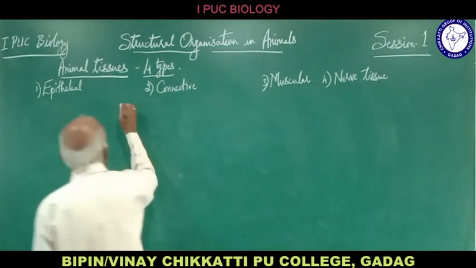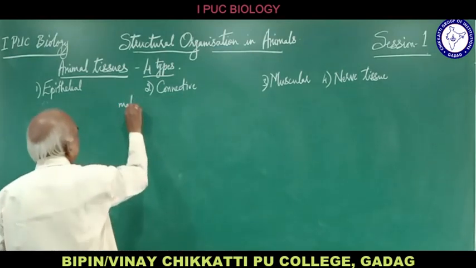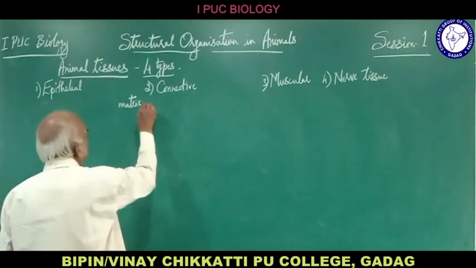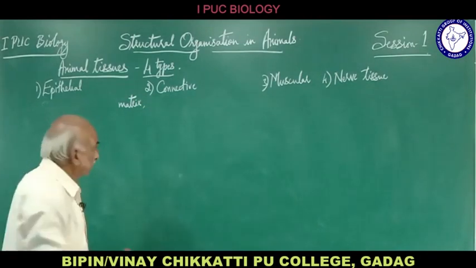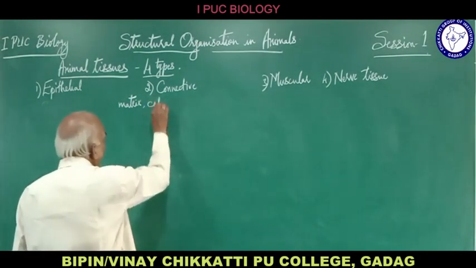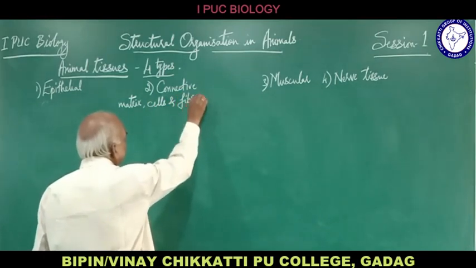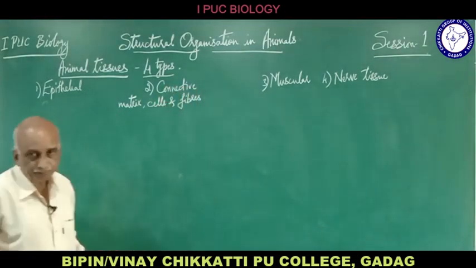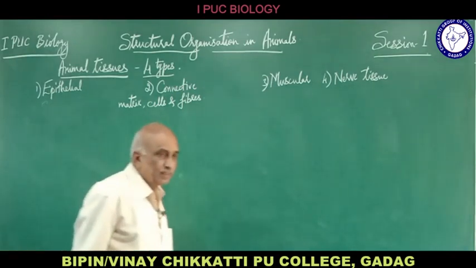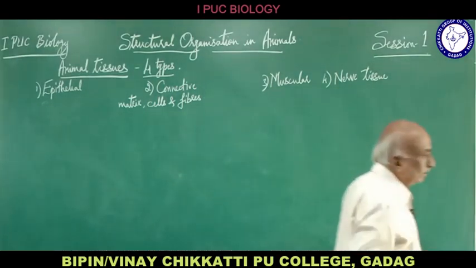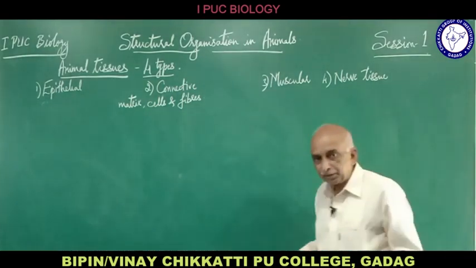So one material is the matrix, or it is also called the ground substance, then cells, and fibers. So these are the three things we can see in the tissue.